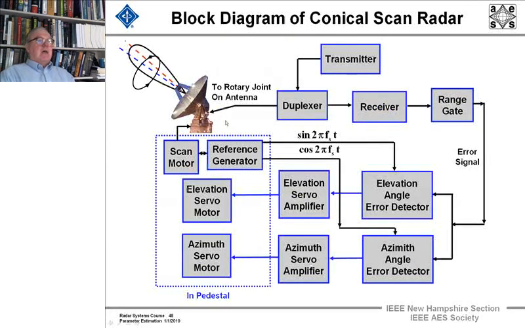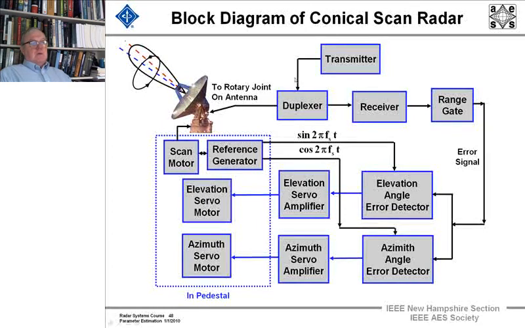Now here is a block diagram of how such a radar would be implemented. And these are typically used in range instrumentation systems. We're just going to neglect the transmitter. The signal comes back, sends out those 8 pulses as we're looking, and the beam is going around, sending out at least 8 pulses per rotation, come back through the duplexer.